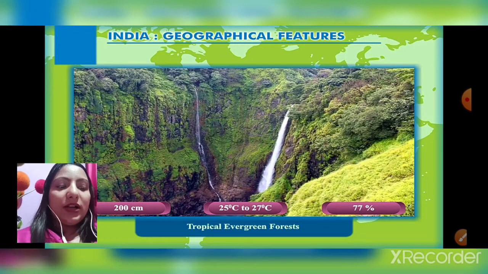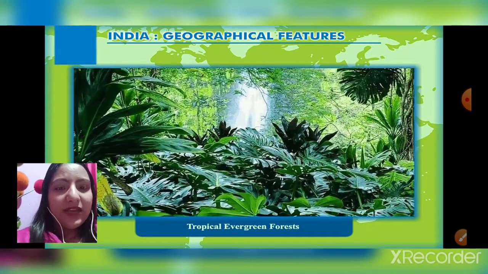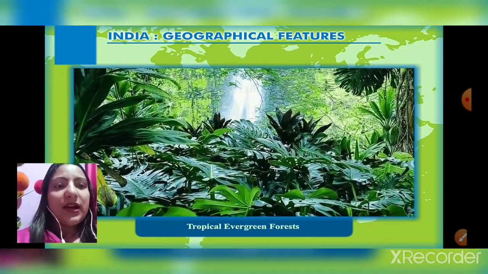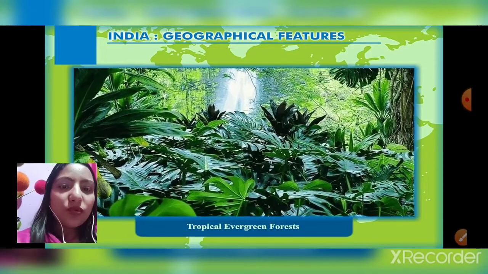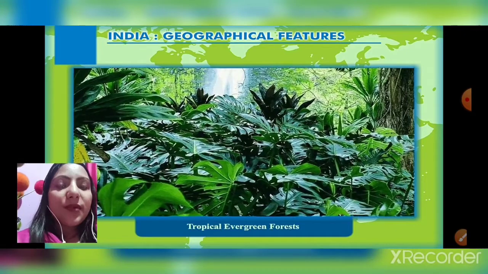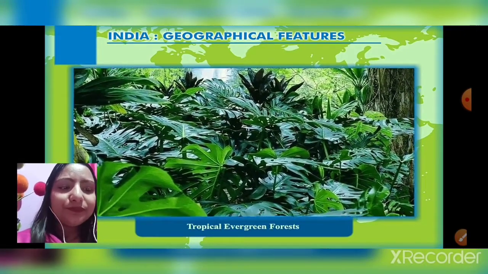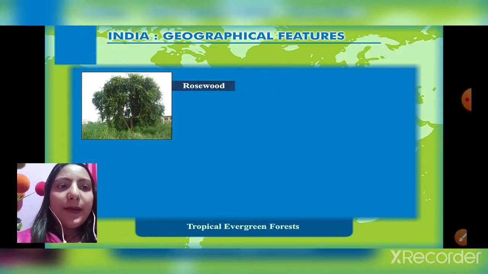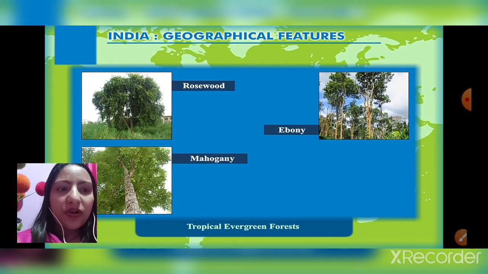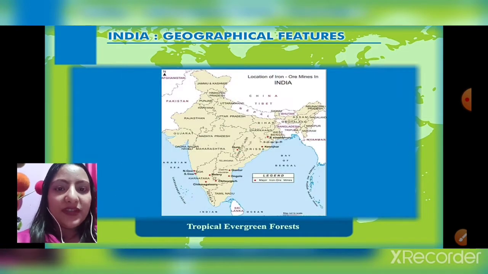The trees of this evergreen forest are broadleaf and hardwoods. These are dense forests and the most prominent forests found in India. Some of the important trees include rosewood, mahogany, ebony, and sesame.